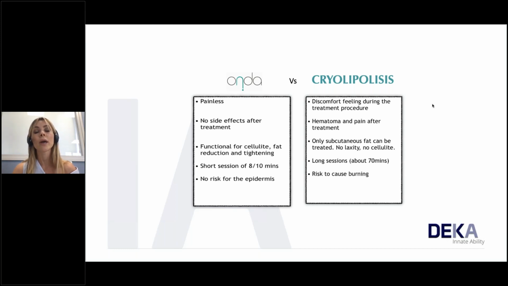So when the tissue is very hard, for example, in the trochanter area, cryolipolysis cannot be performed. And there are also other problems with cryolipolysis, because we don't treat skin laxity, we don't treat cellulite.